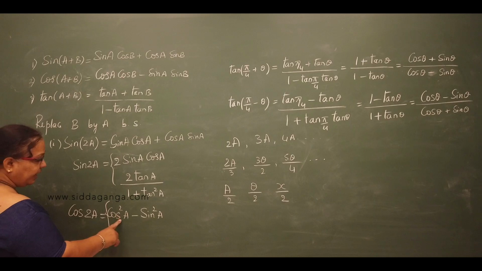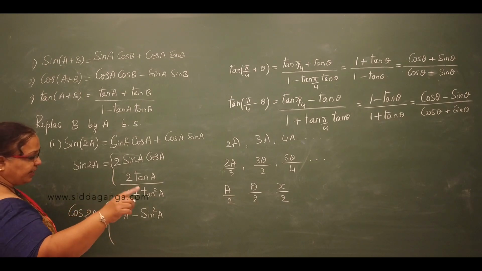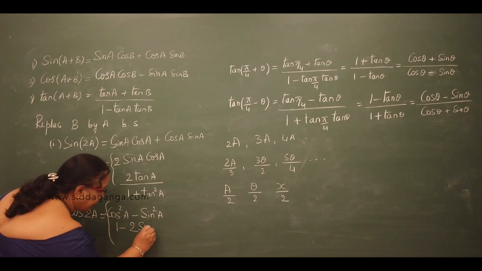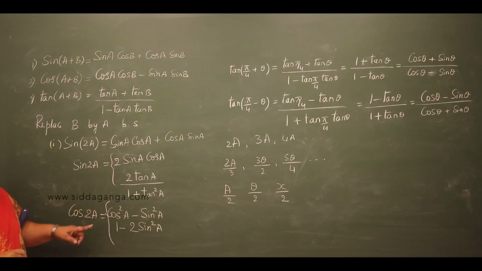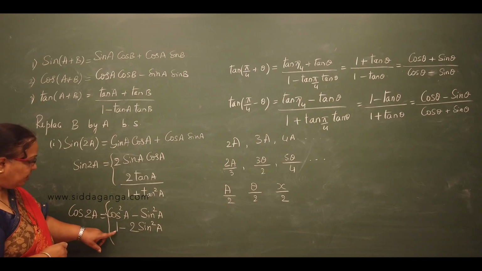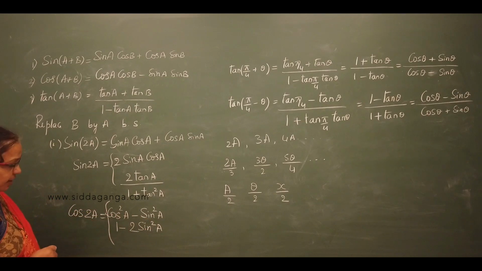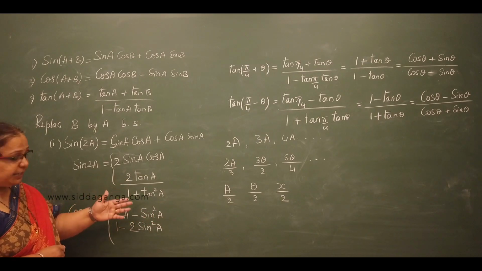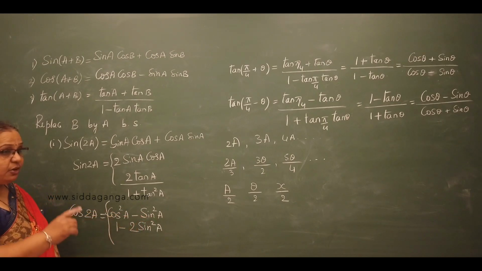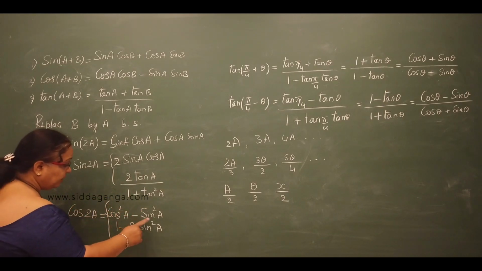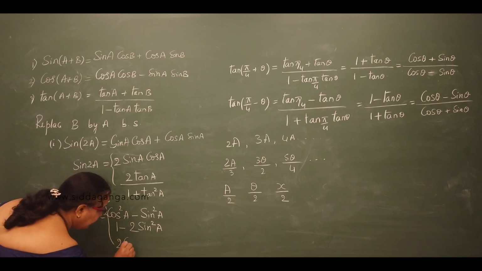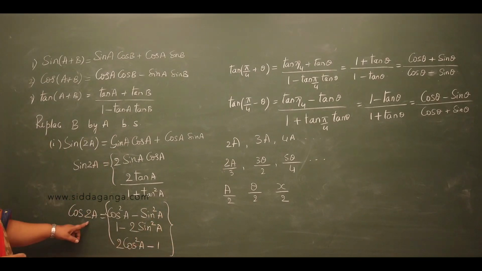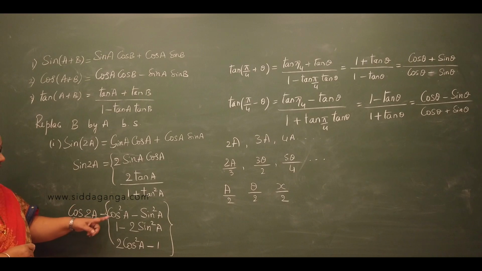We know that cos square A can be expressed as 1 minus sine square A. So we get 1 minus 2 times sine square A. That is cos 2A only in terms of the sine ratio, 1 minus 2 sine square A. Similarly, we can express sine square A as 1 minus cos square A, and with the minus sign we get 2 cos square A minus 1. So we can express cos 2A in three ways.